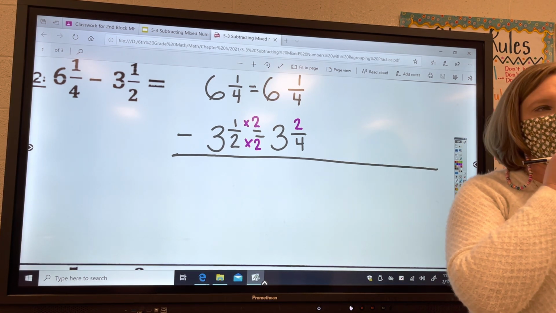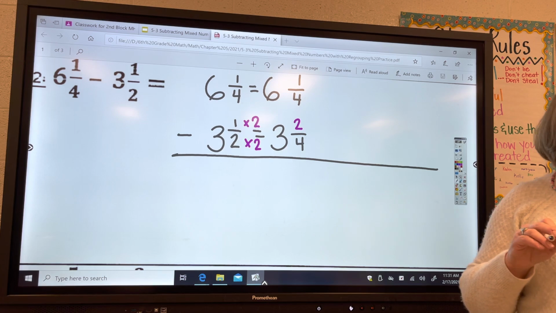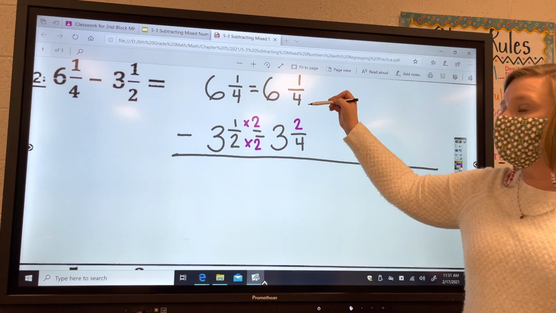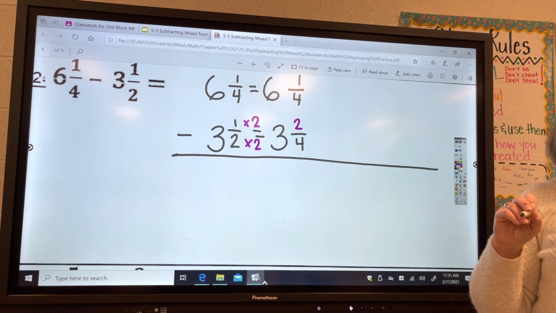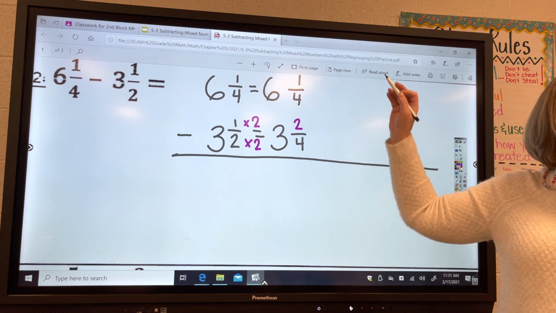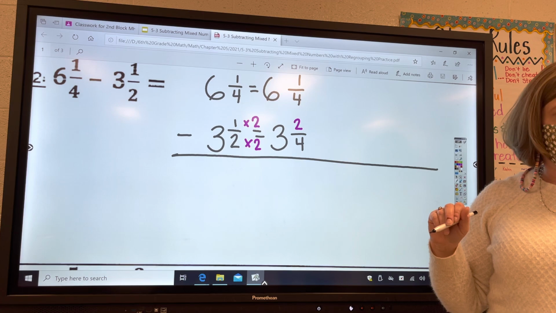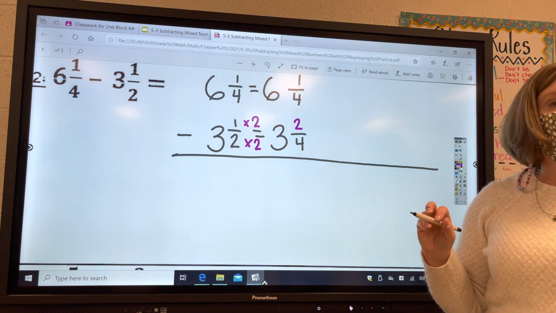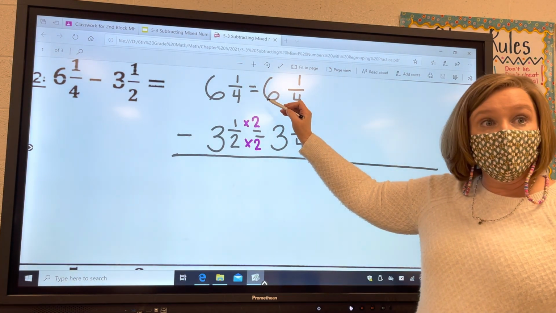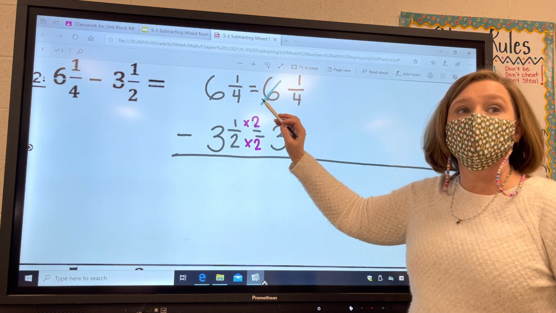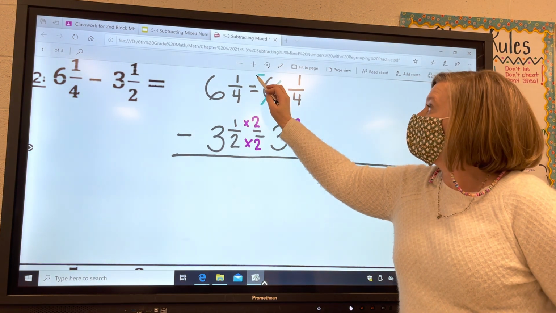Yes. All right. Josh, can we do 1 minus 2? Nope. So what are we going to have to do? Regroup. We're going to have to regroup. So I'm going to take 1 from the 6, so the 6 is going to change into a 5.